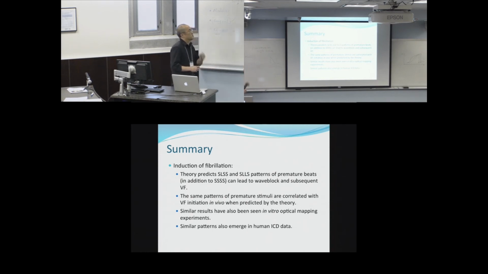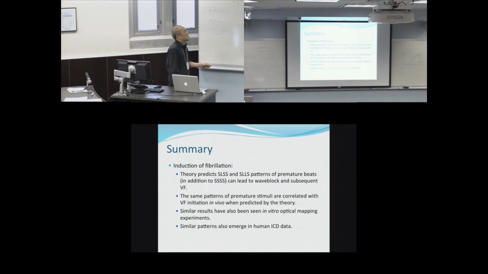So let me summarize the 2 parts of my talk. The first part of the talk, let me remind you, was: can we induce fibrillation using certain intervals? When we apply the theory, we find that short, long, short patterns and short, long, long, and less commonly short, long, long, short patterns of premature beats will lead to wave block and presumably subsequent VF.